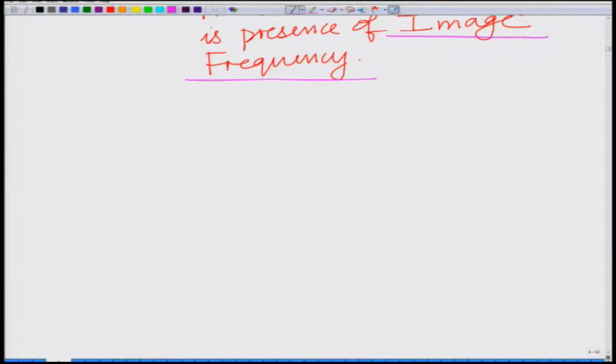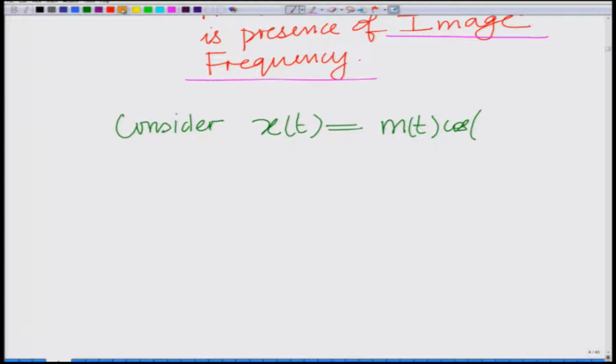Now, consider the incoming signal x(t) equals m(t) cosine 2 pi (f1 plus 2 f2) t.